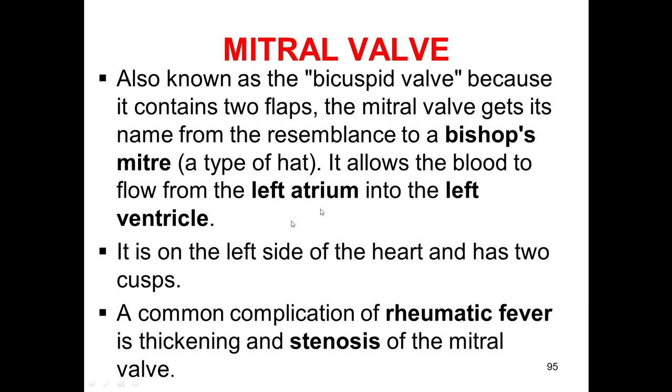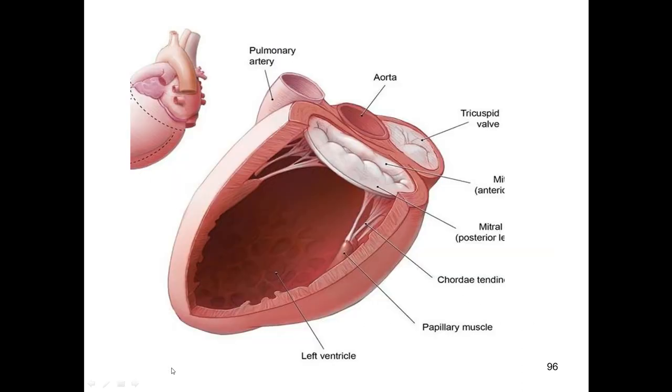A common complication of rheumatic fever is thickening as well as stenosis of the mitral valve. So here lies the mitral valve, anterior cusp and the posterior leaflet or cusp. It's bicuspid.